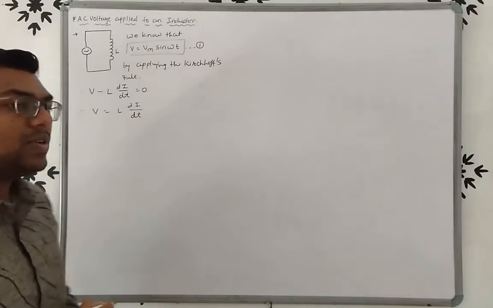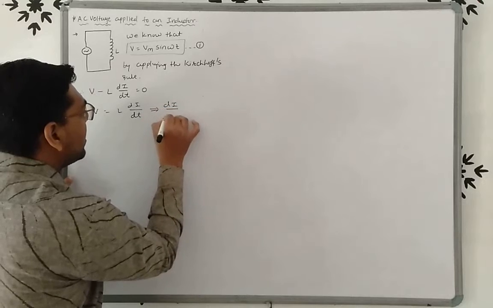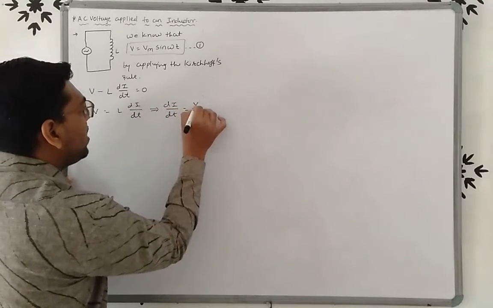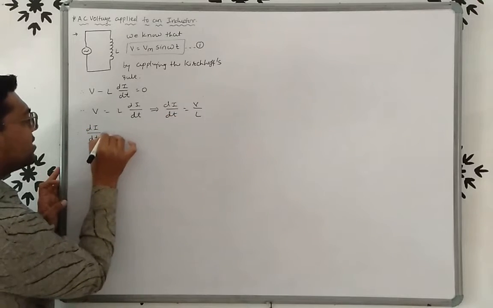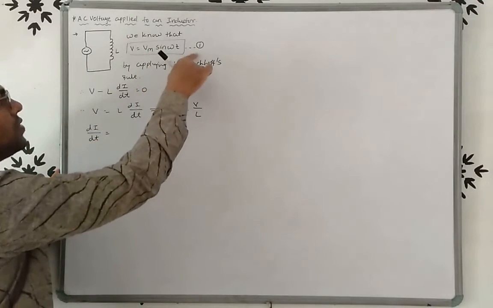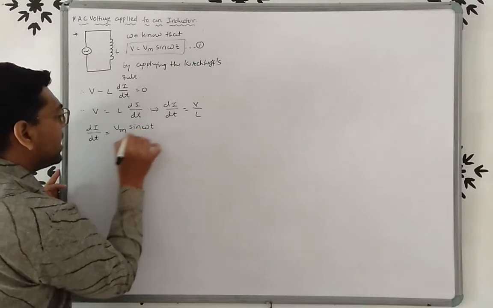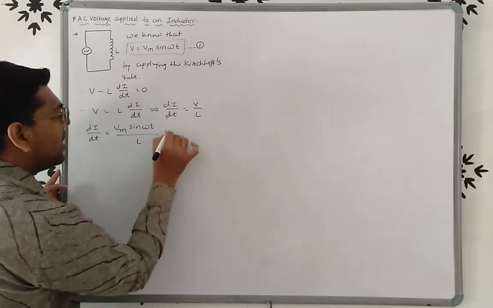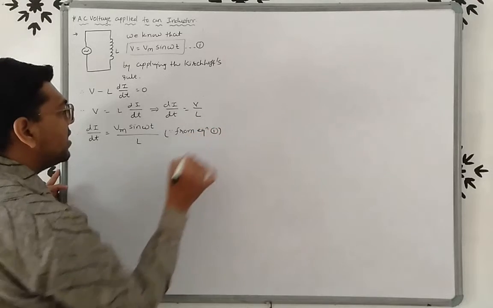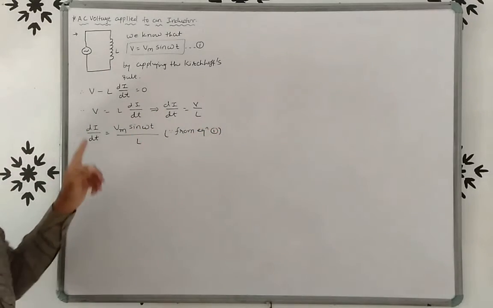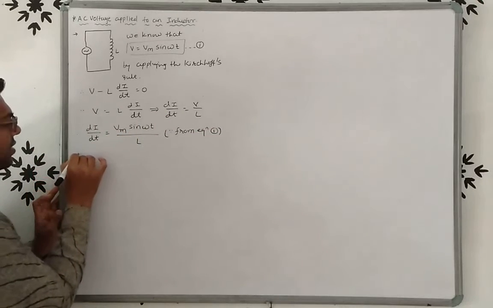So here we have to derive the equation of current. So di by dt is equal to V by L. We know from equation 1 that V is equal to Vm sin omega t, so di by dt is equal to Vm sin omega t by L. Here we have to find the current.